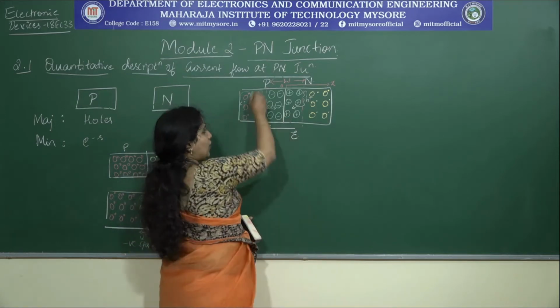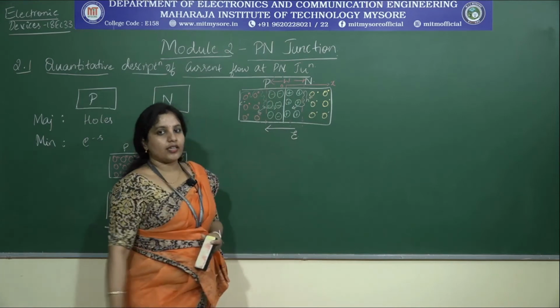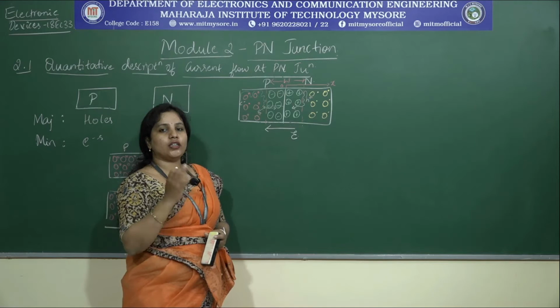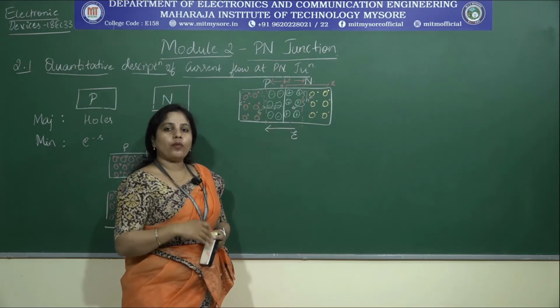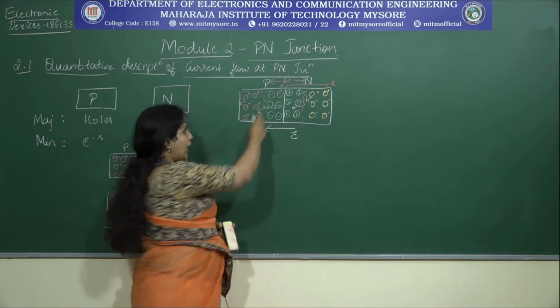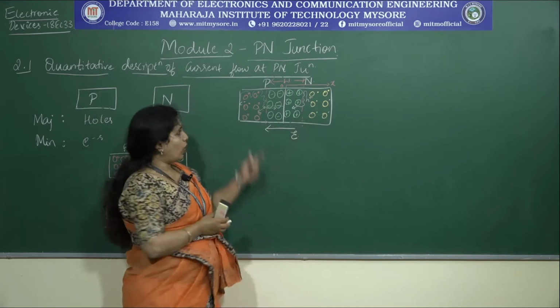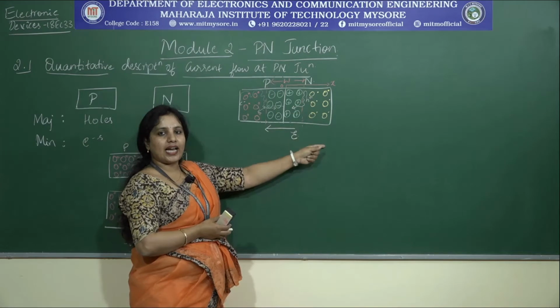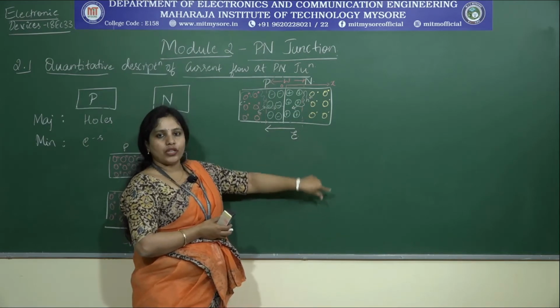Now, when I consider the equilibrium condition, that is when it is not under the influence of any external electric field, when I am not providing any voltage source across this PN junction, the drift current that I observe in this PN junction is exactly equal to the diffusion current.